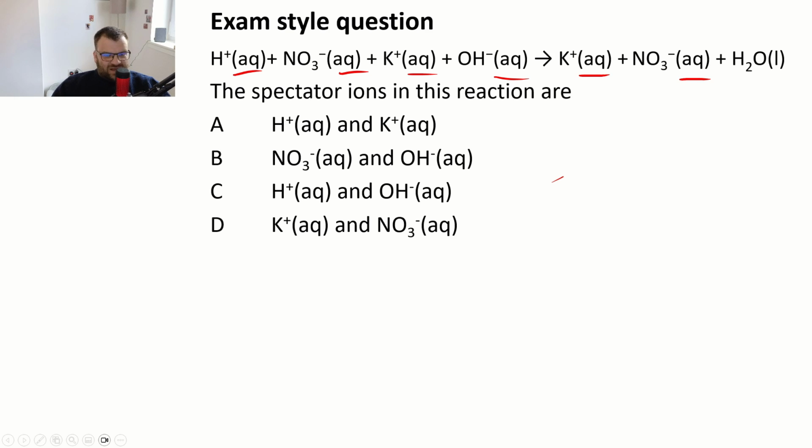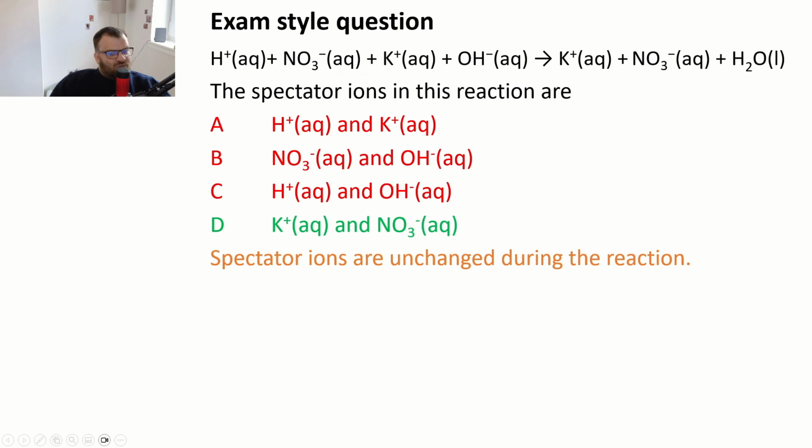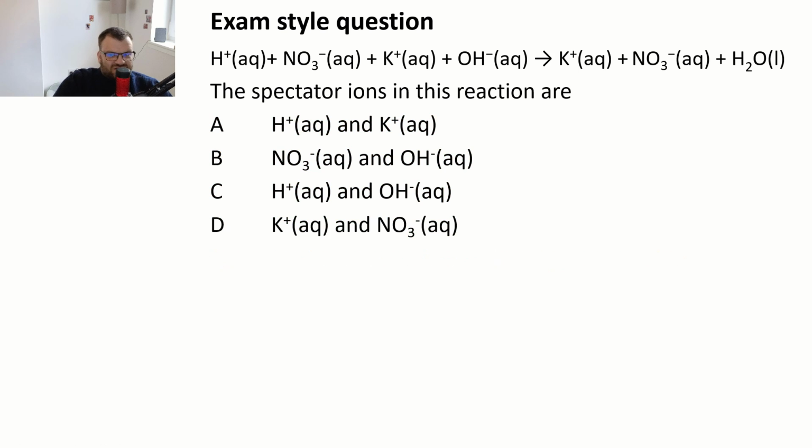They are still in solution. They will be my spectator ions. We could still go through it the same way and look at the NO3- aq still there, then the same for the K+. But the quicker way is, if it starts off as aq and it's a spectator, it will still be aqueous at the end.